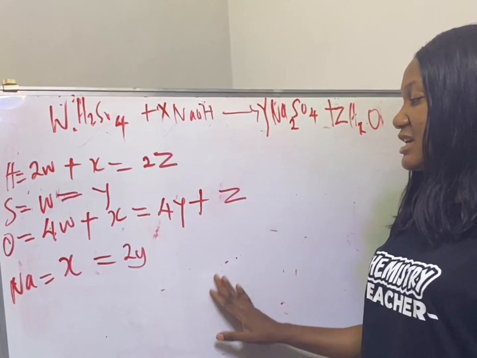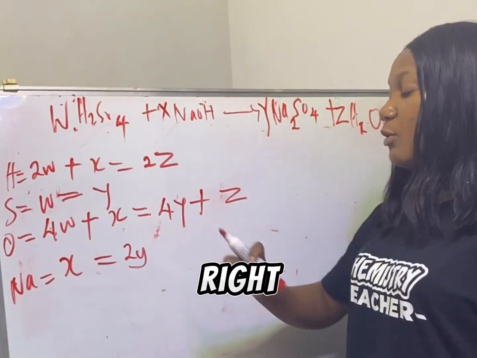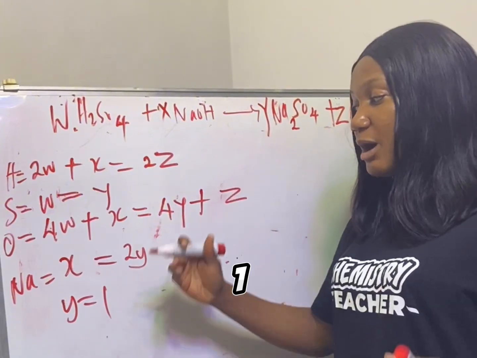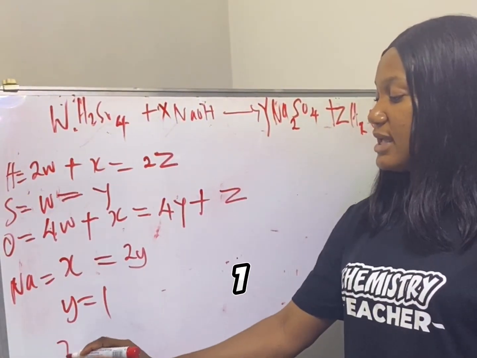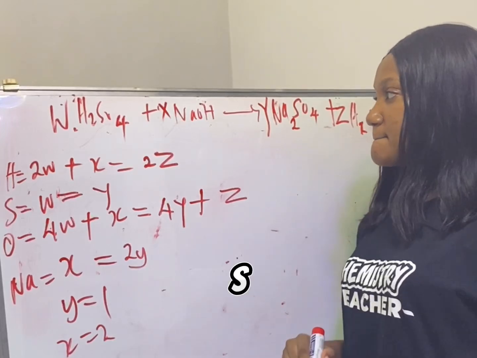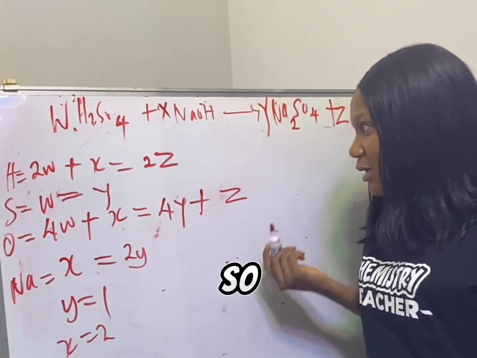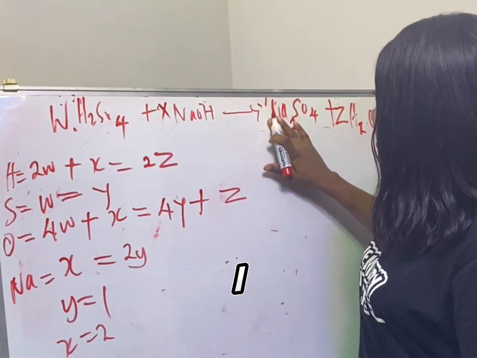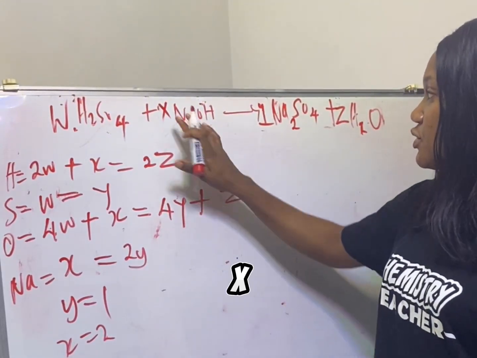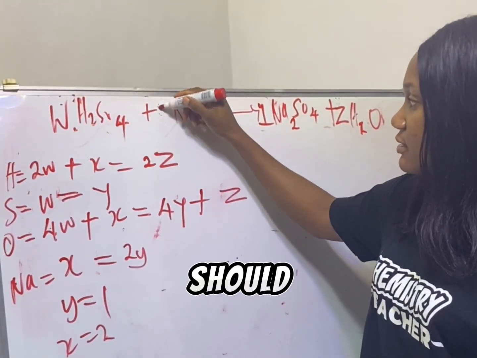So the smallest number I can think of is 1, right? So I'm just going to call Y 1. If Y is 1, X is equal to 2, because X is equal to 2Y. So since I assume that Y is 1, I can just put the 1 here. X is what? 2, so this is where X should be.